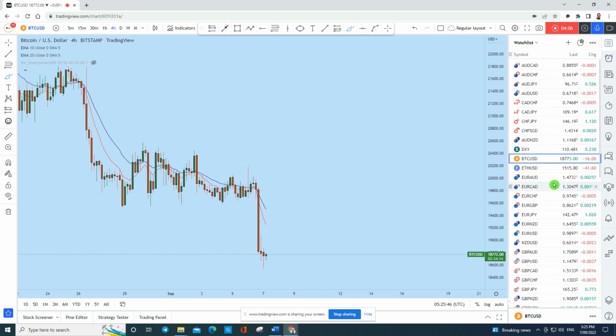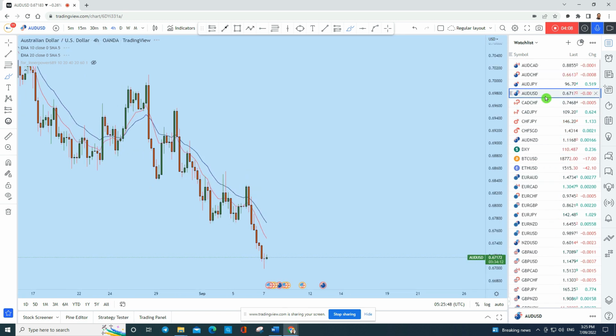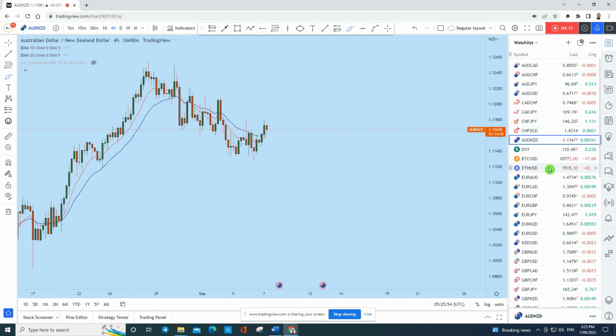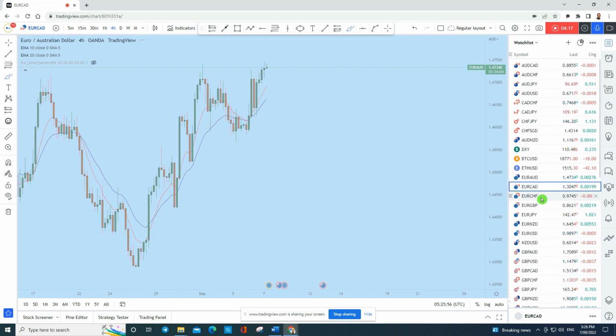For example, first I'll look at all of them quickly: Aussie dollar, CAD JPY, AUD NZD, all the pairs I'll look at one by one.